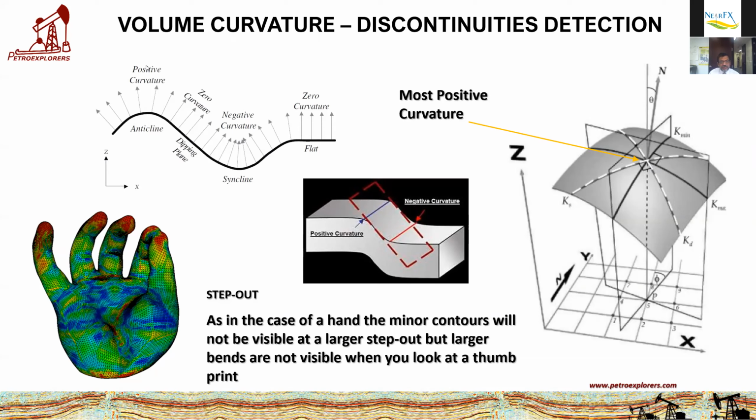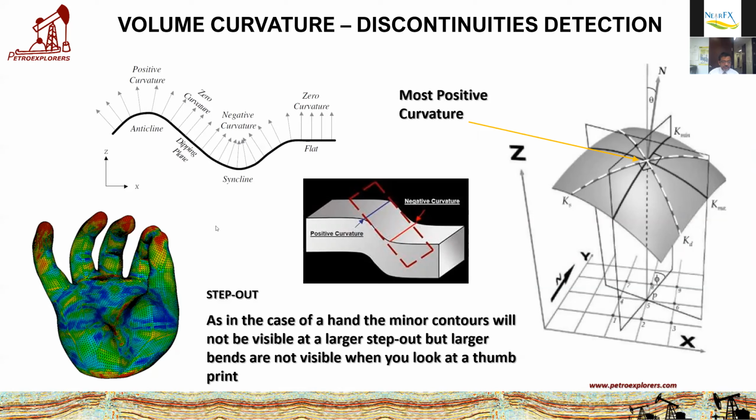You have most positive curvature when the circle is the tightest, and most negative when it is the opposite. There are various definitions of the curvature, which is actually defined very nicely in this diagram. It can then be put in a volumetric sense in a 3D plane with various factors. Most often used is most positive curvature, but we also use what is called contour curvature.